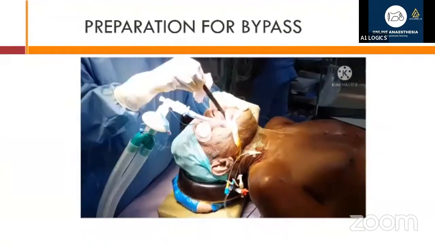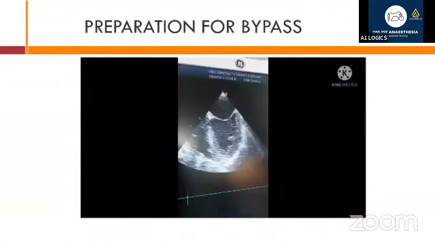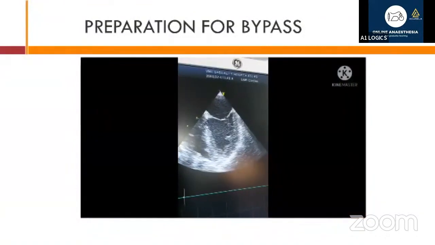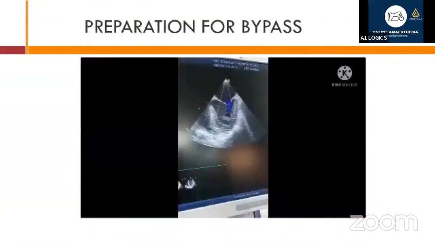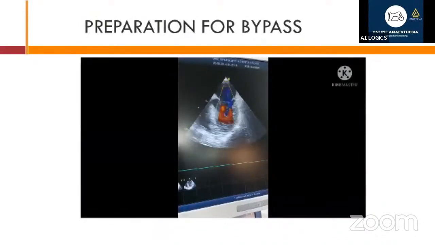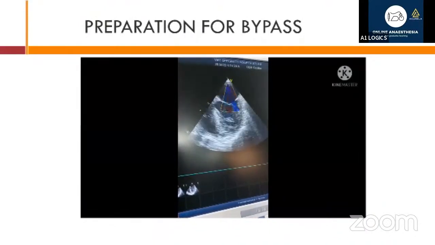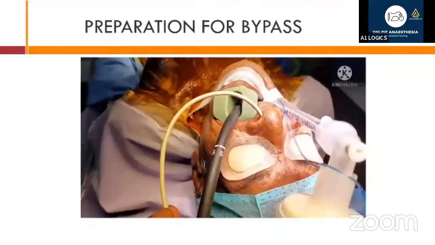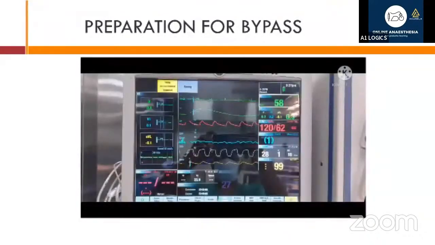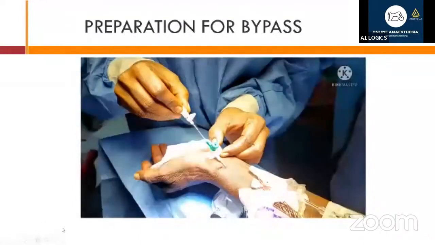And then we look at the proper TEE image to tell the surgeon, see, this is the MVR. So we have focused on the mitral valve annulus and I'm showing how much regurgitation jet is there to aid in the valve replacement. Next is the temperature probe. To complete it, see, this monitor has all the recordings: ECG, an arterial trace, a CVP trace, ETCO2, and the temperature. Everything should be ready before starting the surgery.